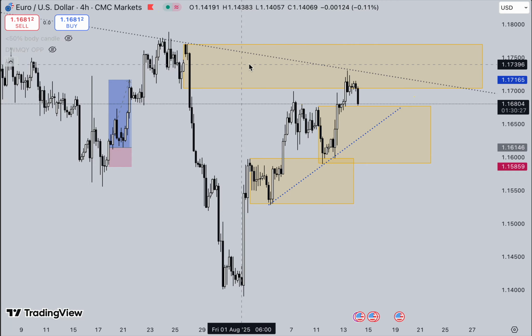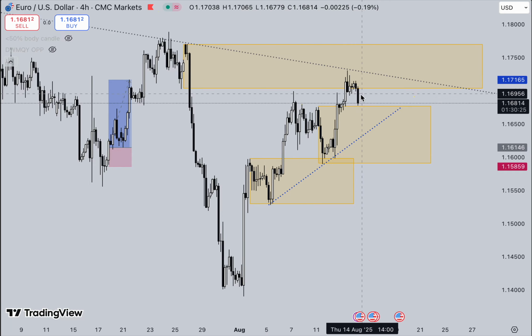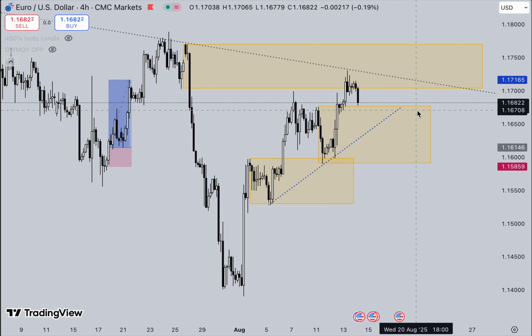For now, EUR USD isn't properly ready, right? So I want those fractals to get taken. Once I see that fractal market shift, then I can enter positions on EUR USD, AUD USD, and thereabout.